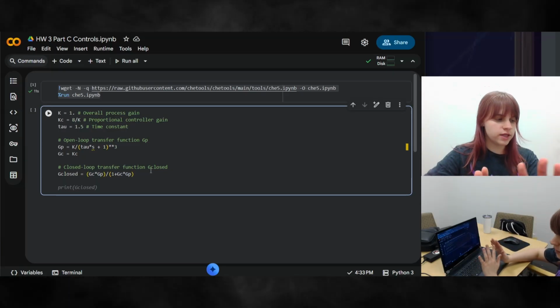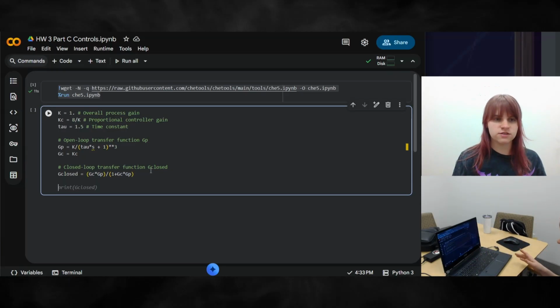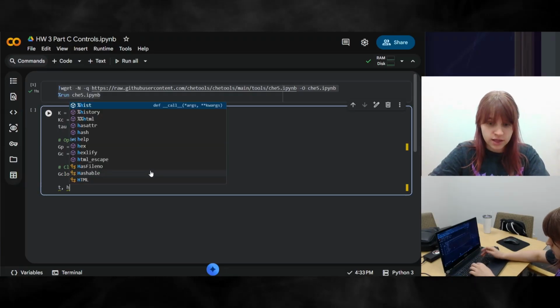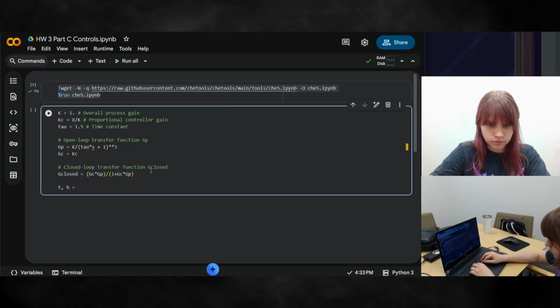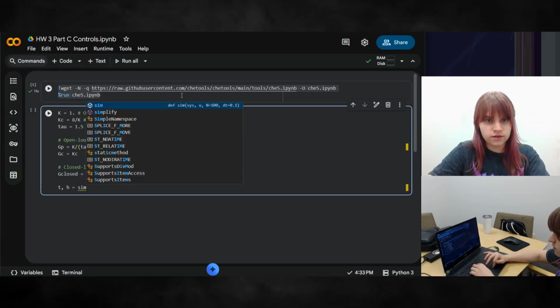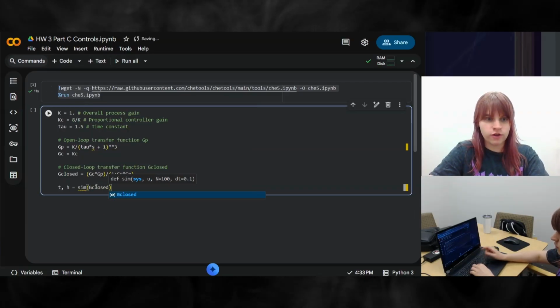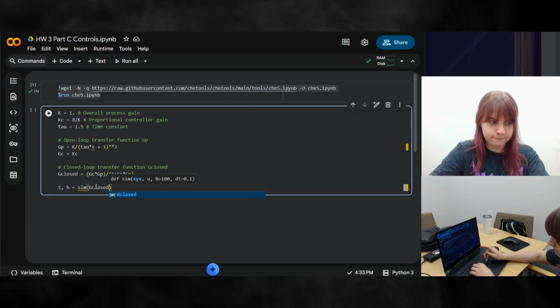Now I want to simulate the time domain response to a set point change. So we're going to have a T and an H. This is sim, this right here. We have our G closed, which was our closed loop transfer function.